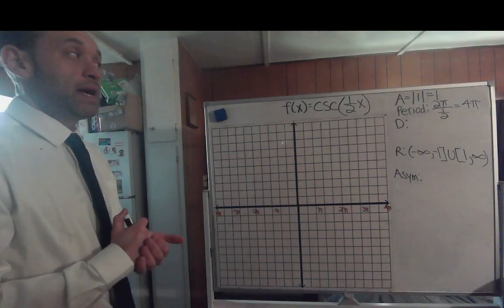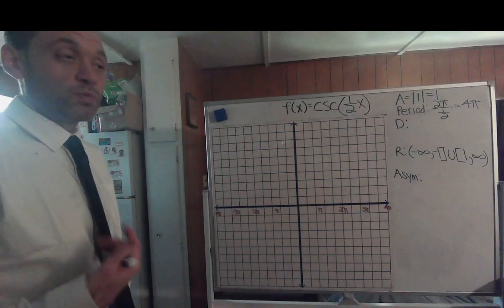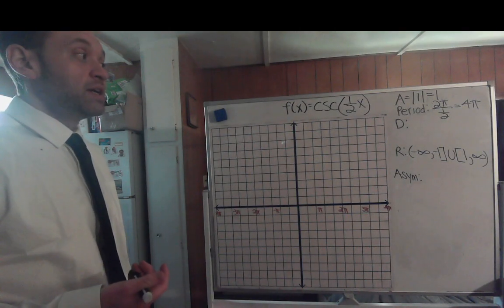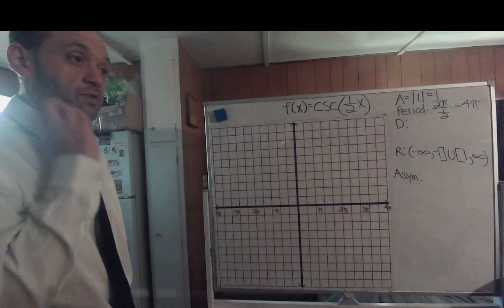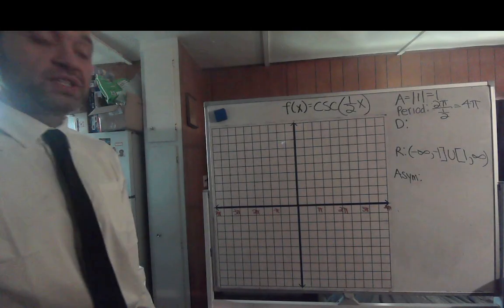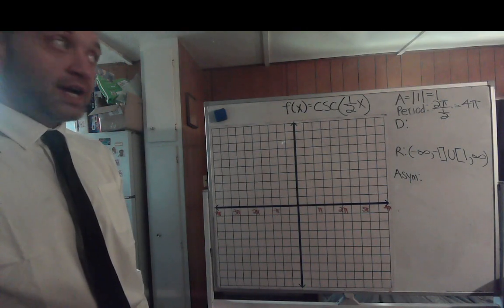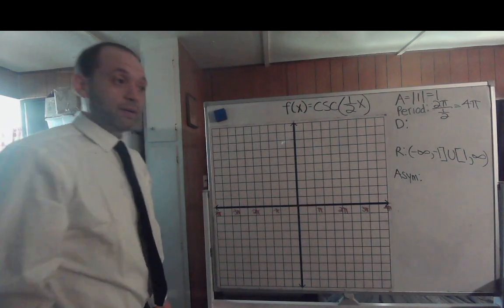What's true about the cosecant function in general? Where is it undefined? In other words, where are your asymptotes? It's normally going to be at integer multiples of pi, right? If you take those integer multiples of pi, divide it by that 1/2, you end up getting 2 pi, right?